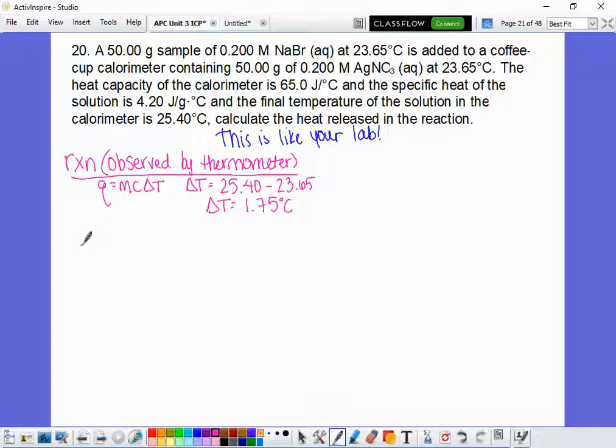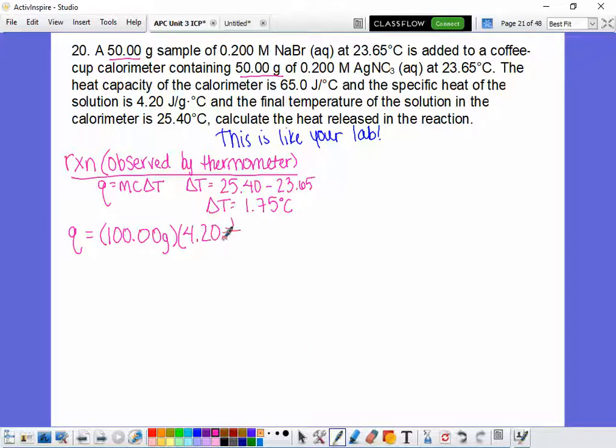All right, so Q equals MCΔT. What is our M for our reaction? 100 grams, because we have 50 grams and 50 grams. We can ignore the concentrations. It's actually 100.00 grams. What is the C of our solution? 4.20.